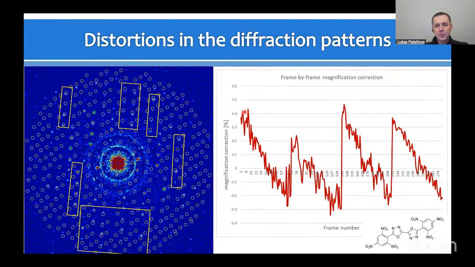And you can see how this magnification correction goes down as the crystal is illuminated. And then as we move to a new position of the crystal, it goes up again, and then down and up and down. And the magnification correction going down means that the lattice parameters are increasing.